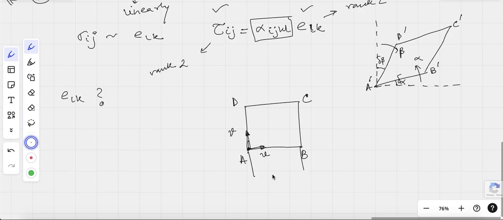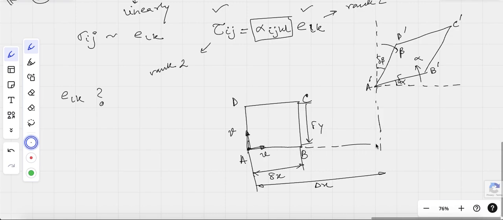This distance is delta x, and this is delta y.